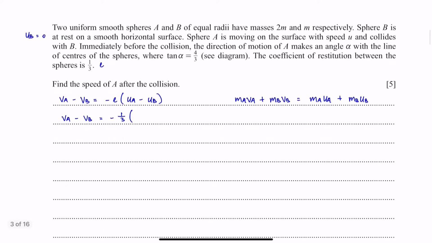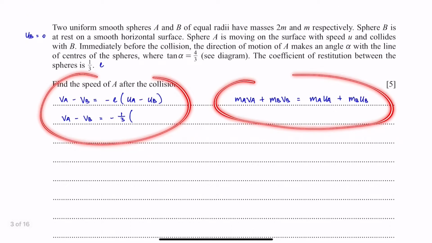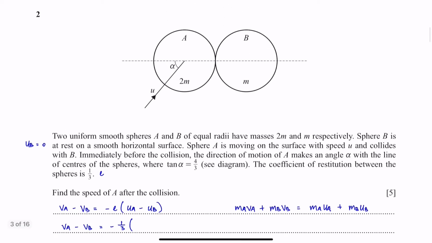In these two equations, we only look at the velocity in the direction of the centers of the spheres. So now we need to resolve in this direction. Let's call it the horizontal direction. We know that this is u and this is alpha, so this would be u cos alpha.